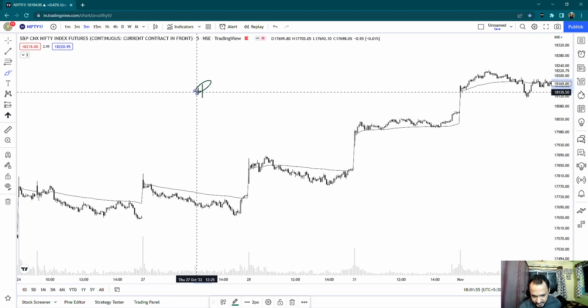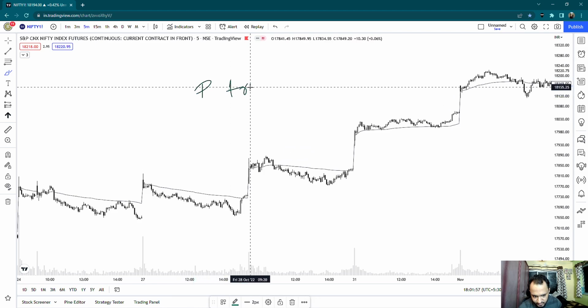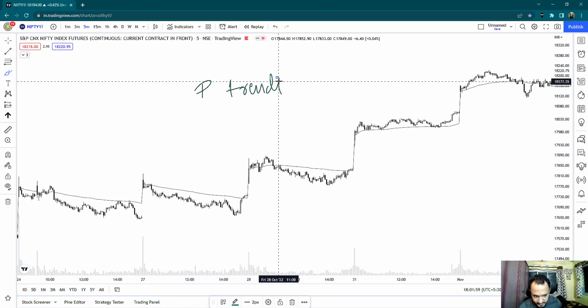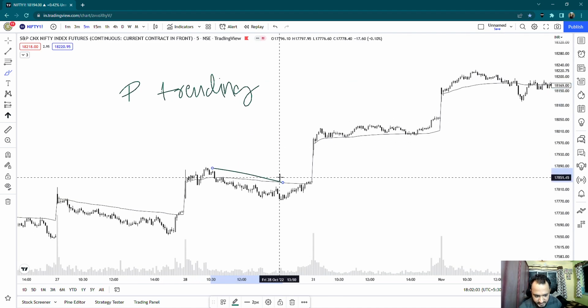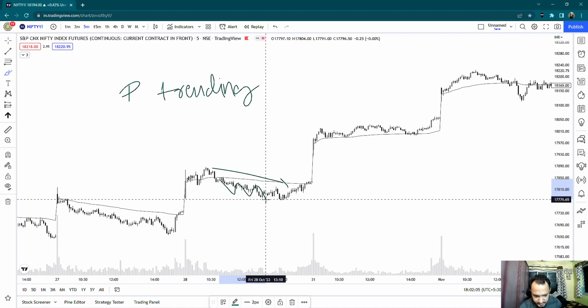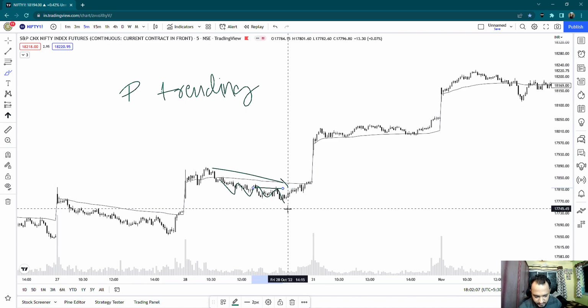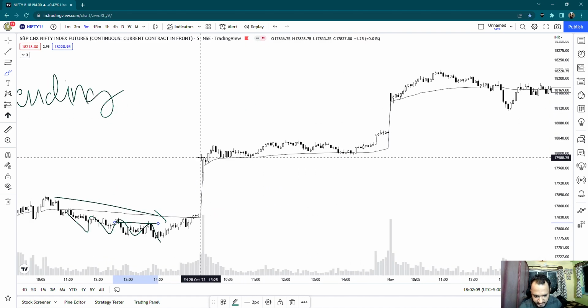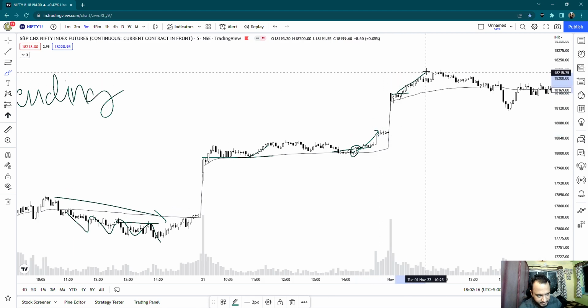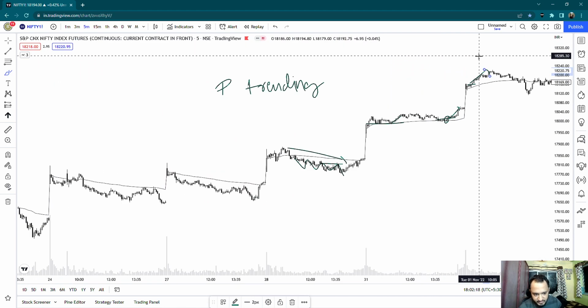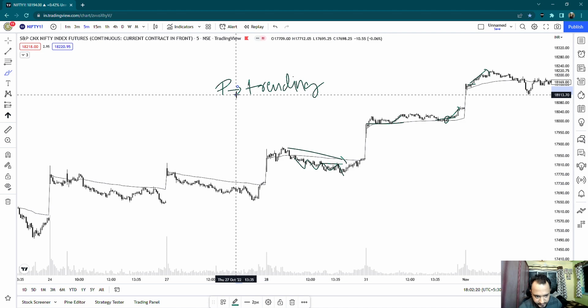Whenever price is trending, it tries to move away from the VWAP. Every time price is trending in one direction, you see it's testing out the previous supplies, and then it's moving away from the VWAP. Here as well, testing out the demand, moving away, testing out demand, nice expansion candle, goes up. Same thing here. It's trying to move away from the VWAP whenever price is trending.